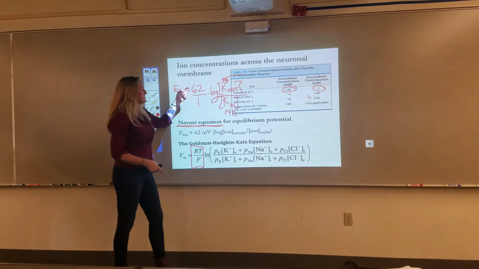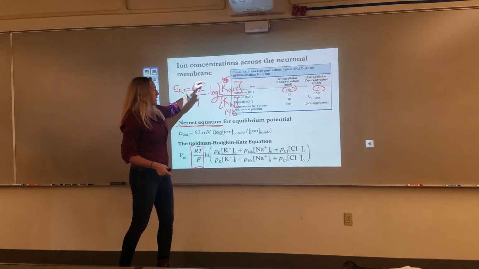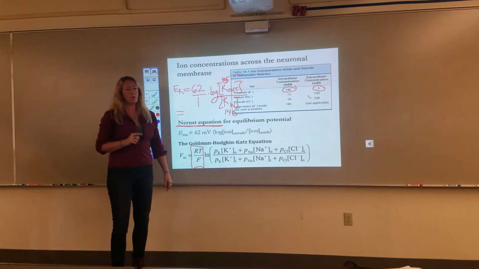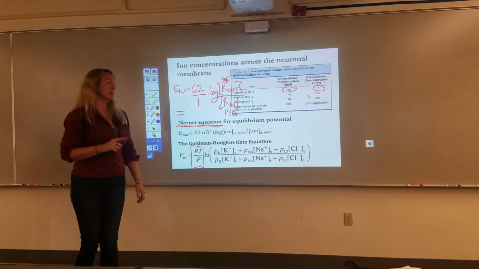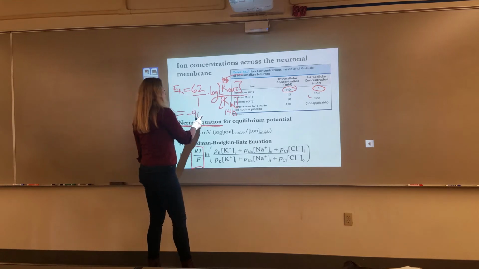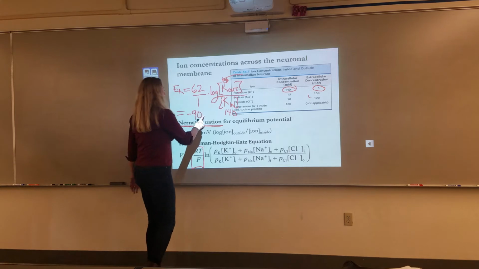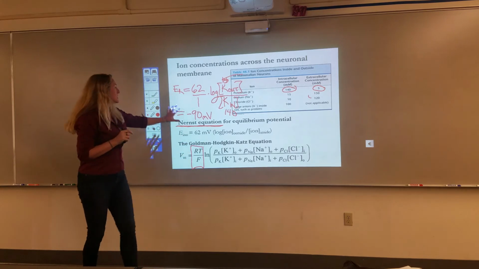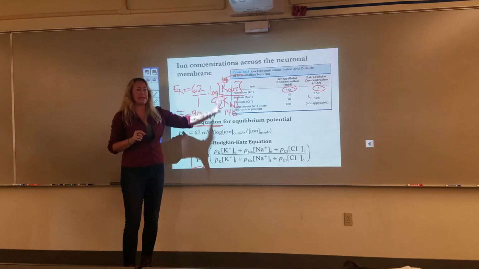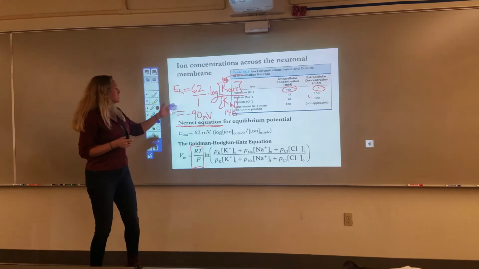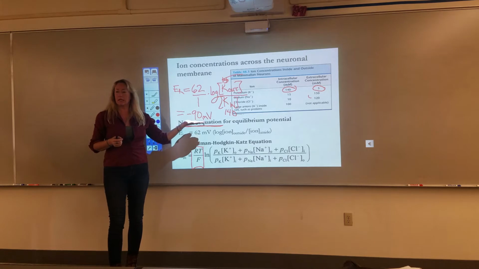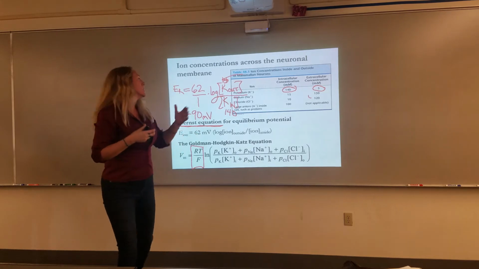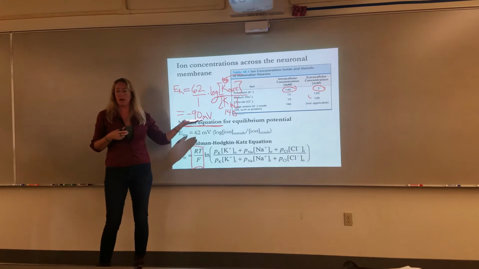So if you multiply 62 divided by 1 times the log of 5 divided by 140, you'll get a number. What is that number? There you go. Negative 90. What are the units? Voltage or membrane potential is always in millivolts, right? That is just saying, at this concentration maintained right here, the voltage of that cell would be minus 90. So if potassium is allowed to do what it wants to do and stay in equilibrium, that cell is going to have a membrane potential of minus 90.